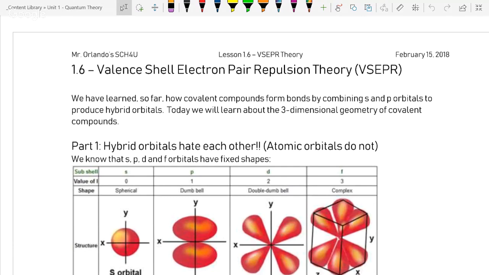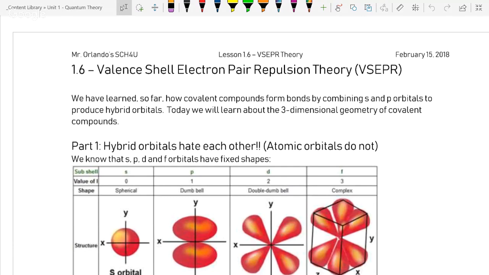Thank you. So let's talk about this. We know from X-ray crystallography, we know from observation that the angle between bonds in, say, methane is 109.5 degrees. It is tetrahedral.